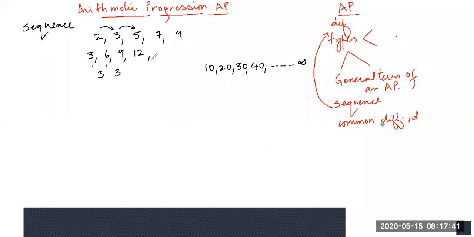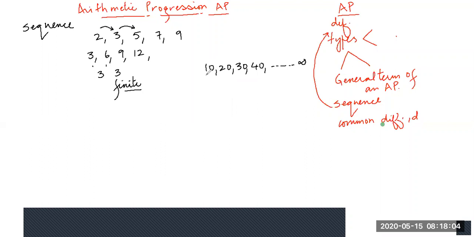But then it's ending here. You could say this is a finite sequence with some particular definition. But this other sequence also has some proper definition to define the next term.